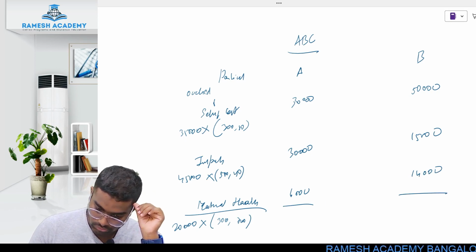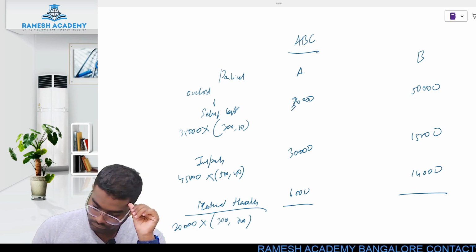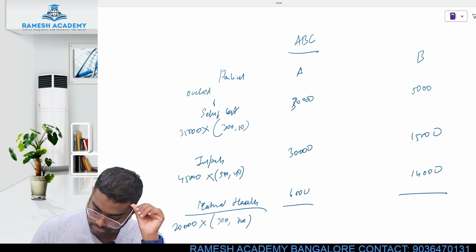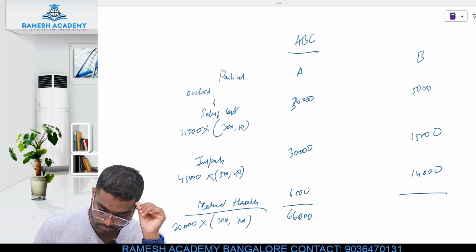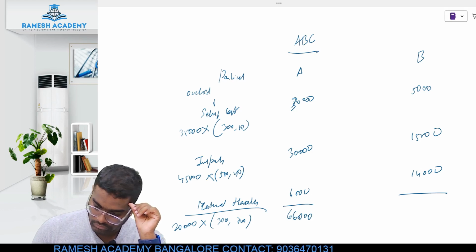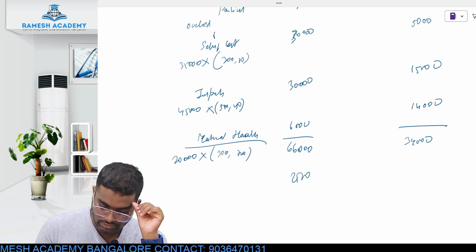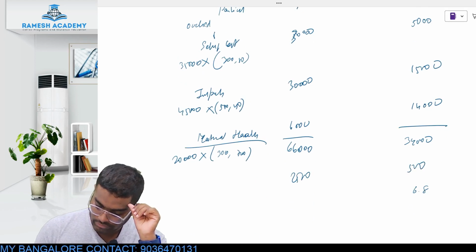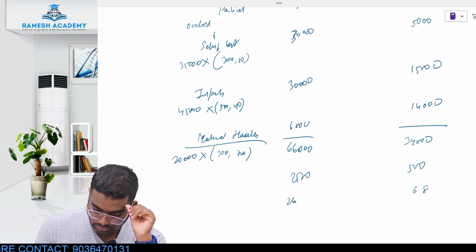So 30,000 plus 30 plus 6, 66, 5, 15, 14, 34. Number of units was 2,500 here, 5,000 here, so 6.8. Here it is 66,000 divided by 2,500, it is 26.4.